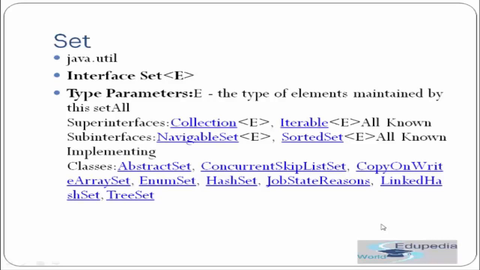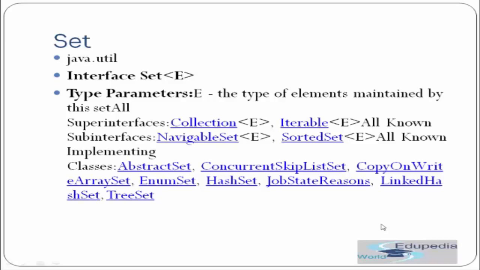Our set interface is defined in the java.util package and it is defined according to a generified type which is E. The parameter it contains is E, which is the type of element maintained by the set, and it could be anything like integer, string, boolean, or any user defined class. Then all the super interfaces of set are collection and iterable.